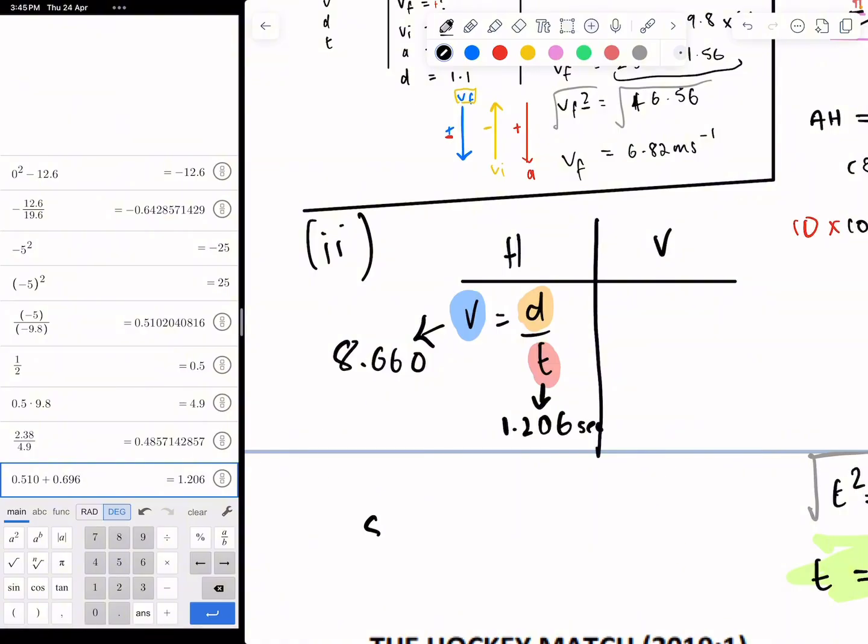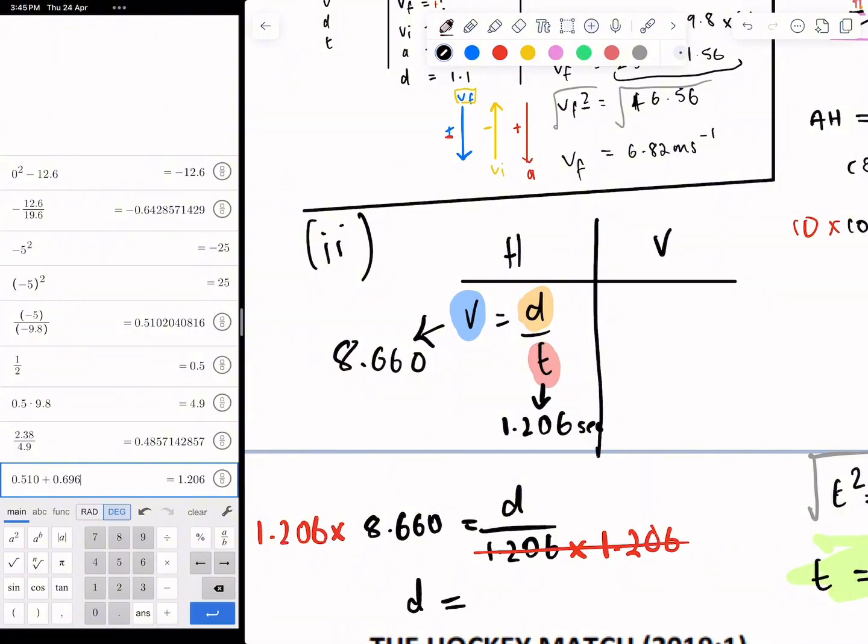We've got 8.660 as our horizontal velocity equals distance over 1.206 seconds. We want distance by itself, so we have to get rid of this by timesing it by itself. That means I have to times this side by the same thing. And distance, therefore, equals 10.39 meters. And that is our answer.